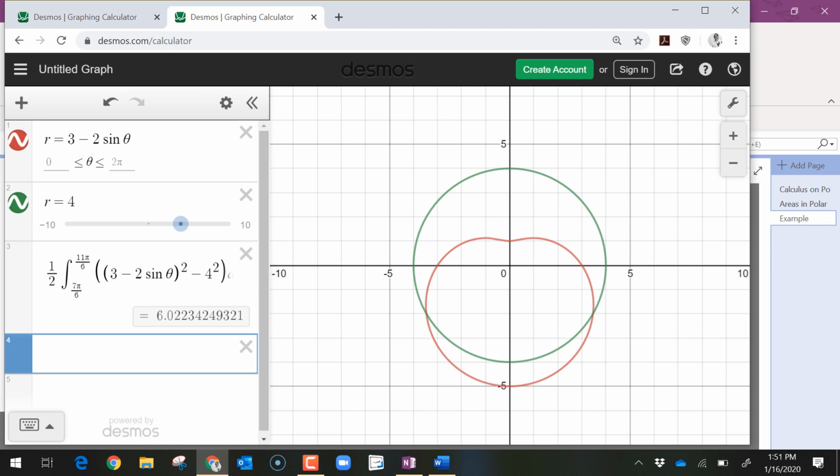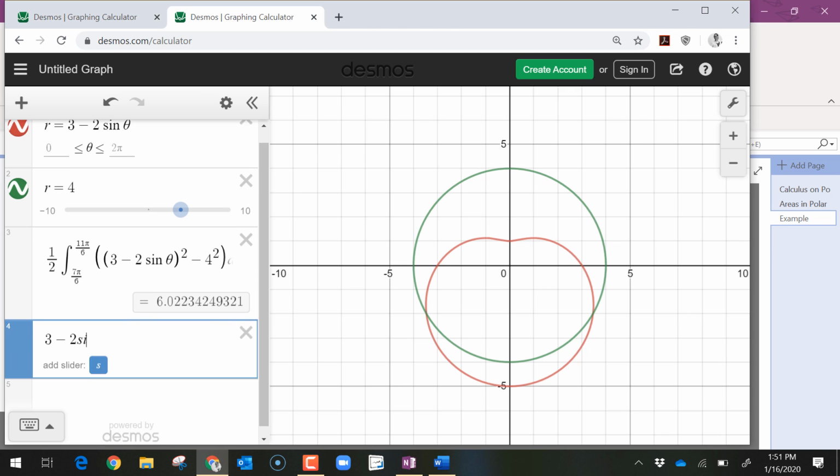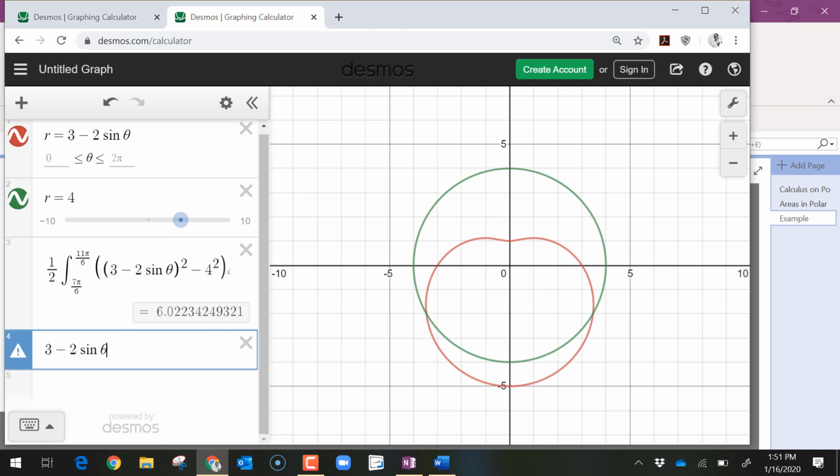What's the top function? What did you say? The outer function. What's the outer function? So r, what is it? 3 minus 2 sine theta, and then less than r less than 4.